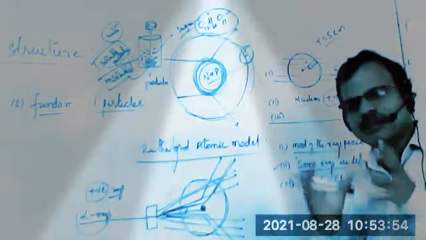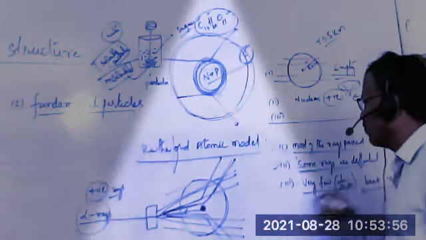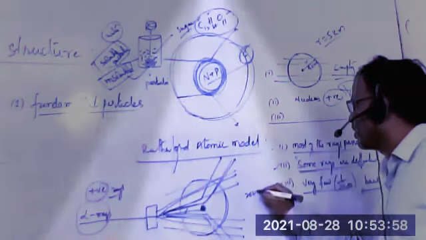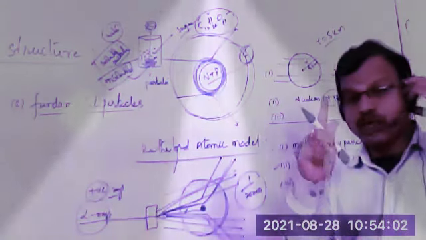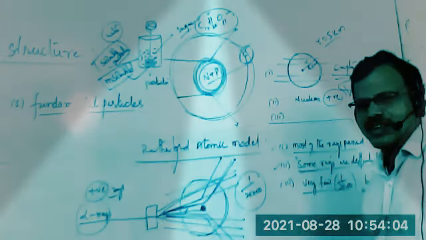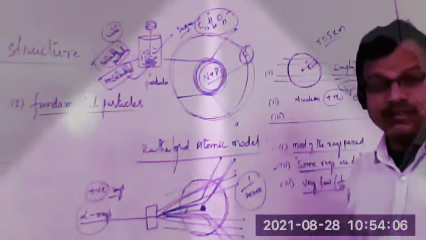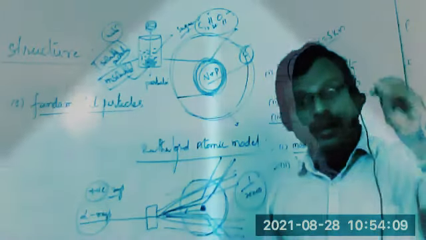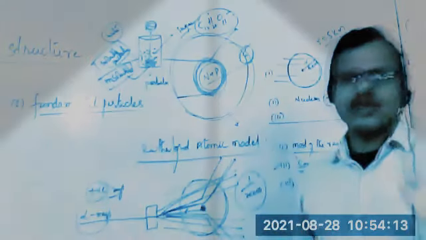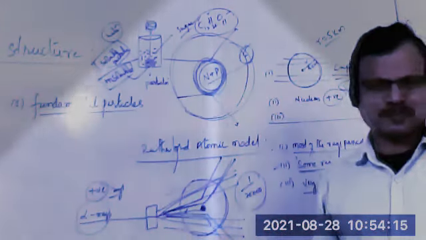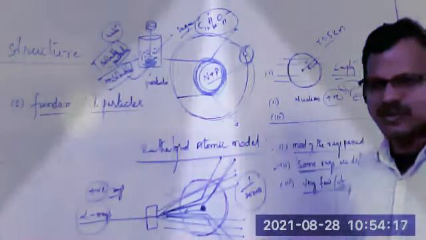Why very few? Very few means how many rays we sent here? If we send 20,000 rays, among these only one ray bounces back. Out of 20,000 rays, only one ray bounces back; you tell me how small the nucleus is.